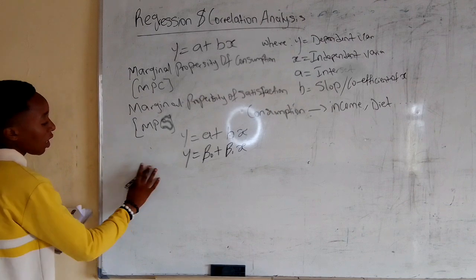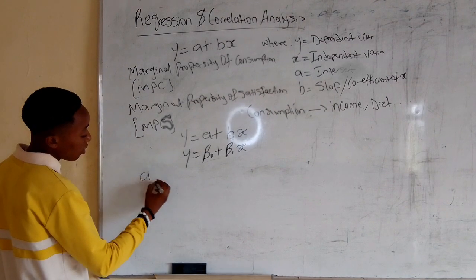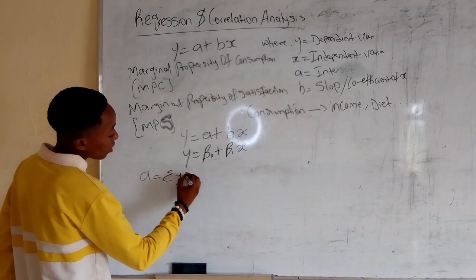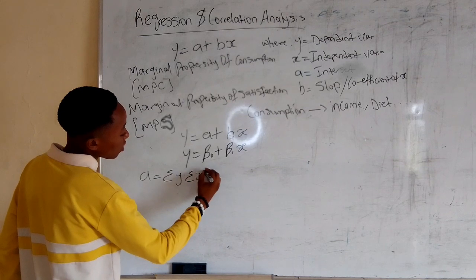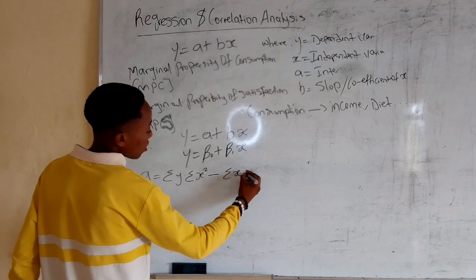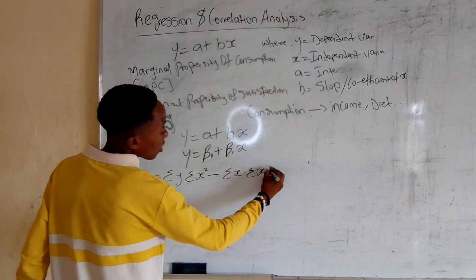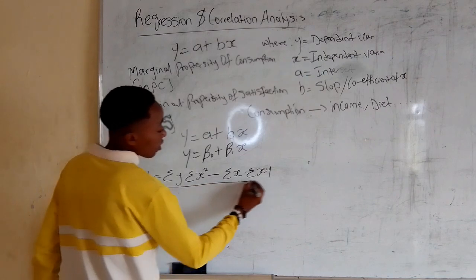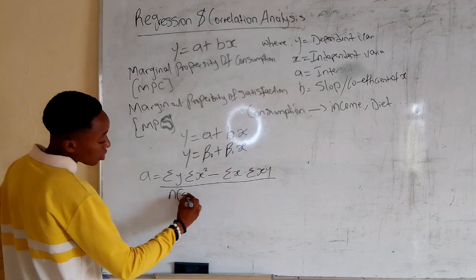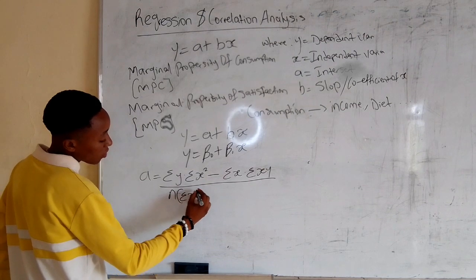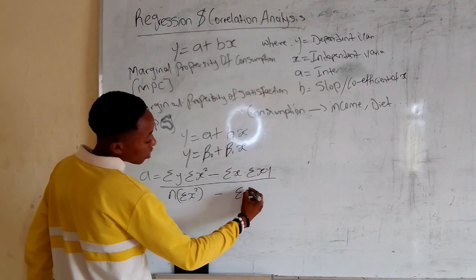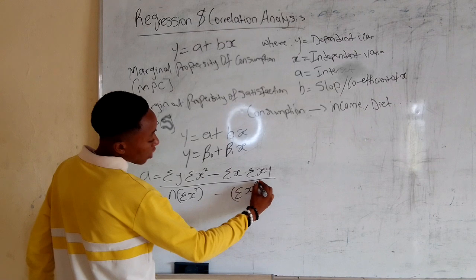And now the formula for finding our intercept is a equals summation y times summation x to the power of 2 minus summation x times summation xy, all over n open brackets summation x square inside minus summation x the square outside.